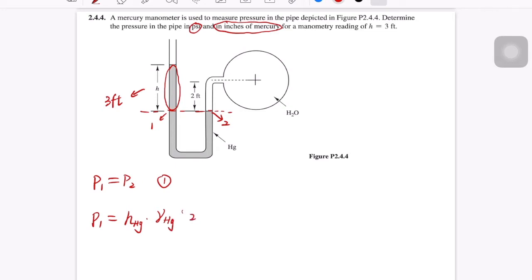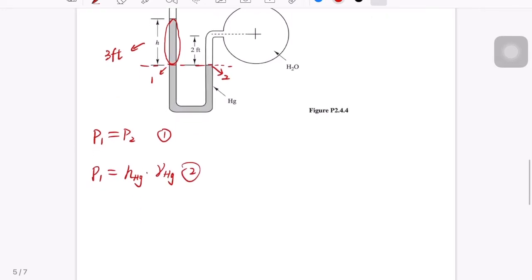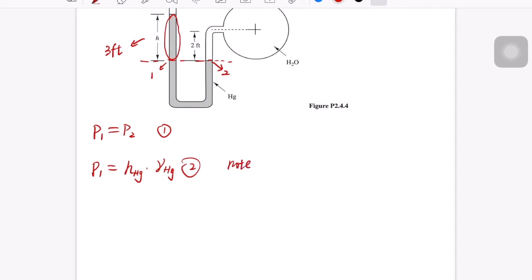This is equation 2. And we know that the specific weight of mercury equals the specific gravity of mercury times the specific weight of water.